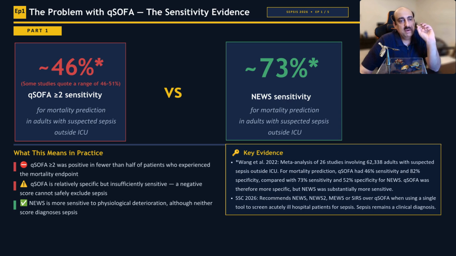The same prediction for mortality had a sensitivity of 73%. Okay, so this means qSOFA, head-to-head versus NEWS, even in predicting mortality in septic patients outside the ICU setting, was missing almost half of the patients. Now, another twist to this story is that qSOFA is more specific, around 82% as compared to 52% for the NEWS.